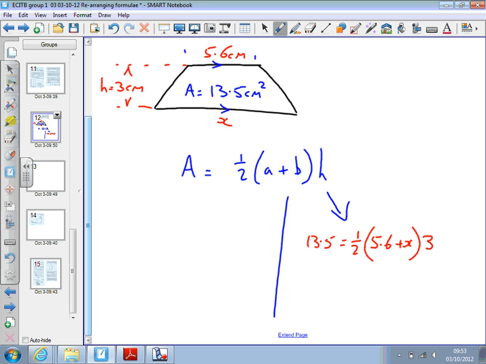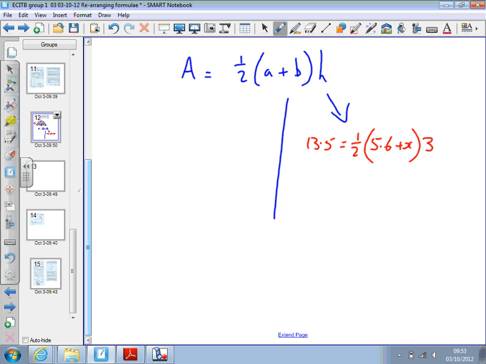So it's the same sort of idea as rearranging a formula. Get rid of the half. How do I get rid of the half? Times both sides by 2. Twice that is 27. 27 equals 5.6 plus x, times 3. What might you do next?